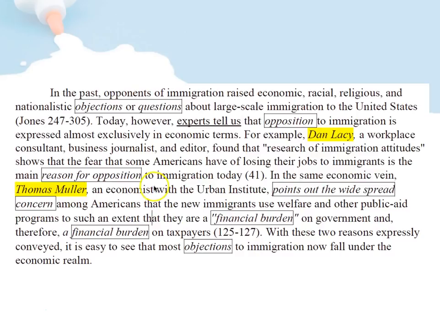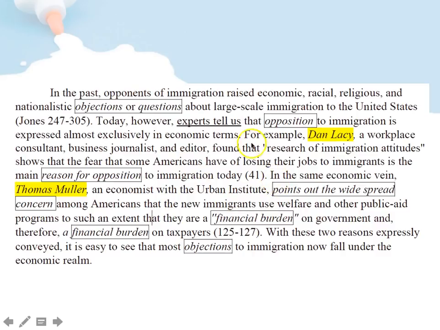If you'll look forward into the other highlighted examples, opposition is a form of objection, and reason for that objection, and the widespread concern is a form of objection. So in our first sentence, we have a clear topic that then is repeated throughout the other sentences. And so this is a nice way to emphasize your main idea. I like the use of however here embedded in the sentence.